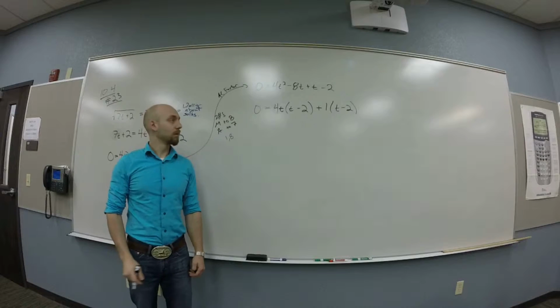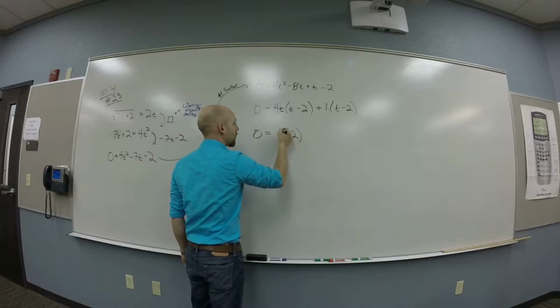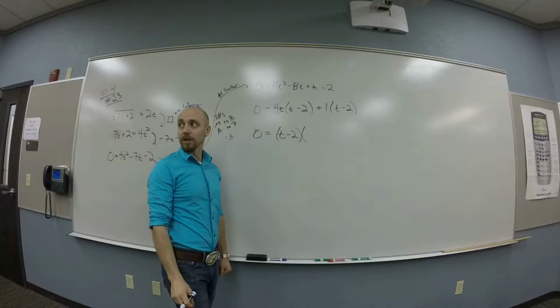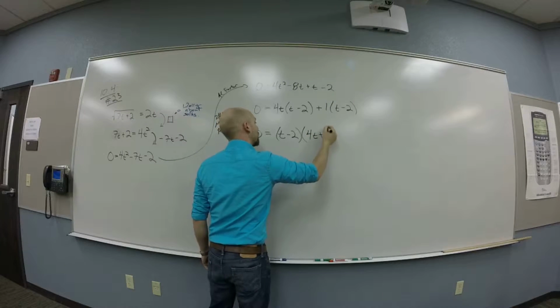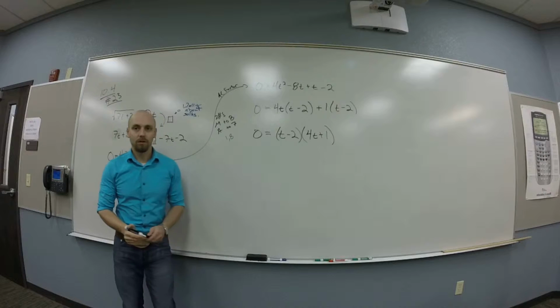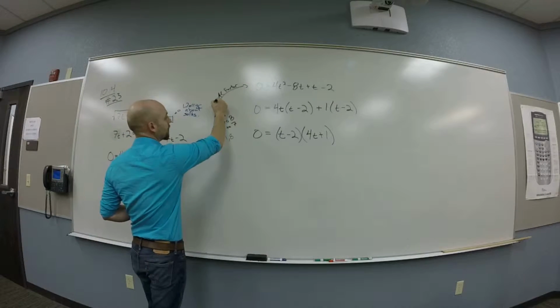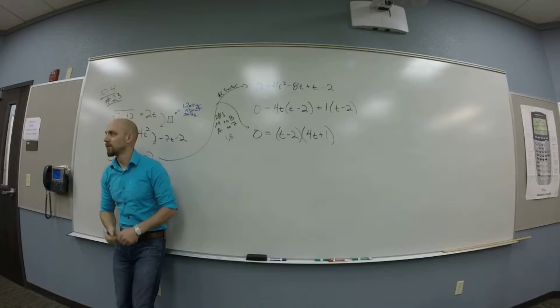So now what? Okay, so factor t minus 2 out of the whole thing. What do you get? 4t plus 1. So really, my AC factor went to here, just a couple of steps.